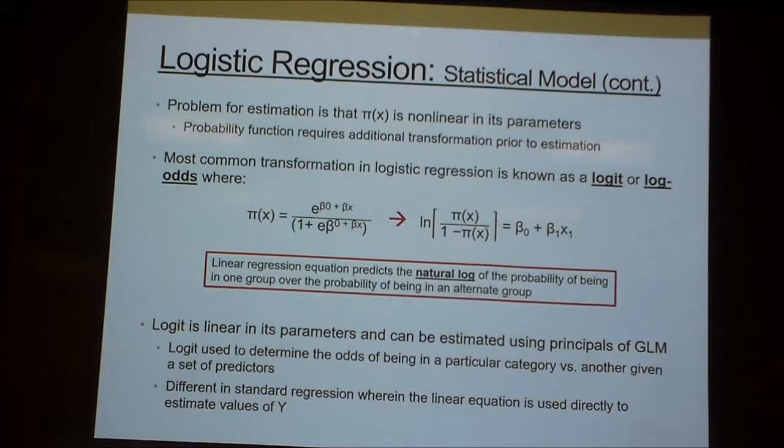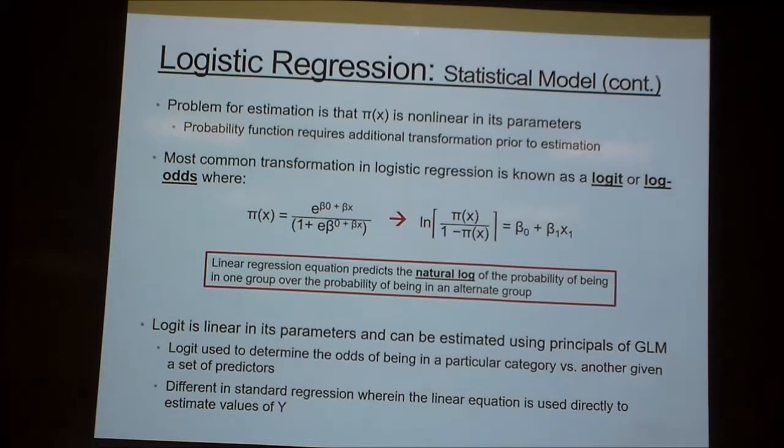Our logit or our log odds is linear in its parameters, okay? So it can be, no, negative infinity to infinity, right? So the natural log of your odds is linear in its parameters. It's continuous. What we're doing is determining the odds of being in a particular category versus another, given a set of predictors.